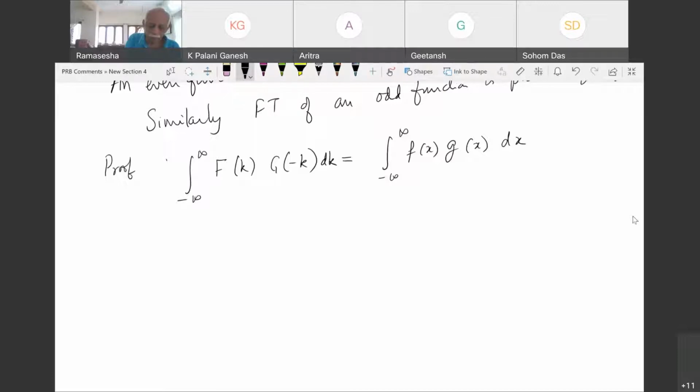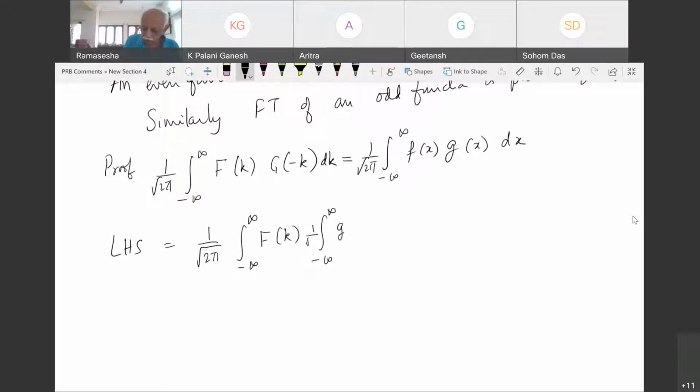Now let us see. The left hand side is equal to the integral minus infinity of f of k times 1 upon root 2 pi.